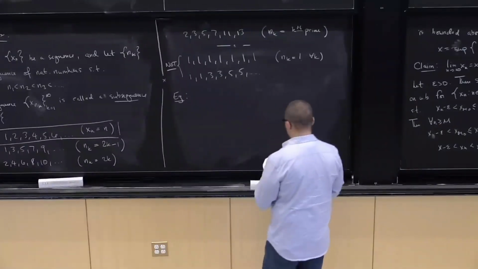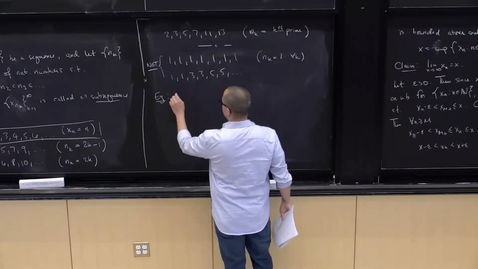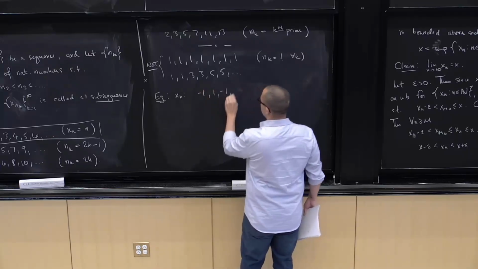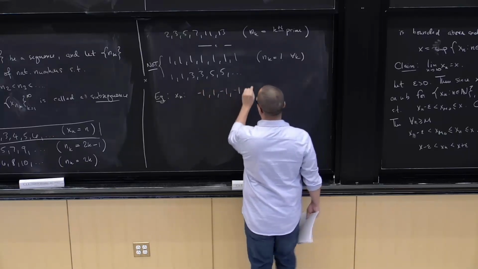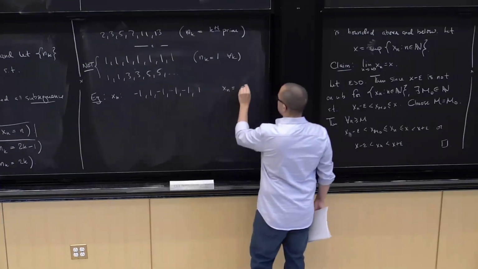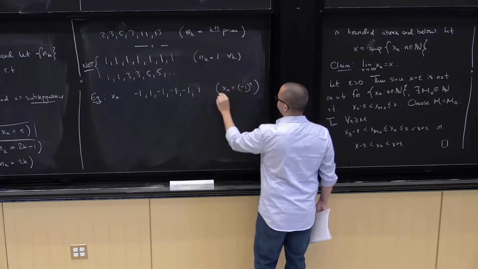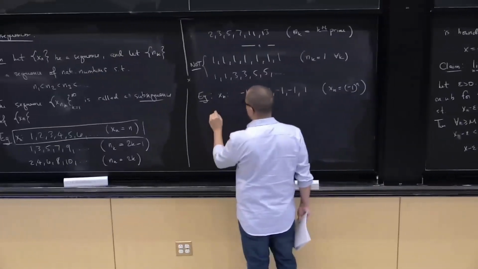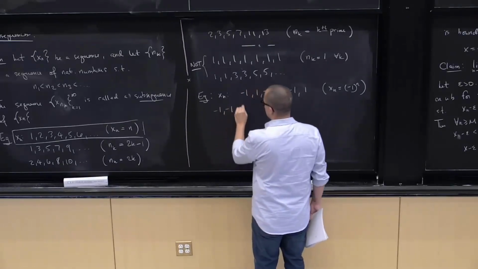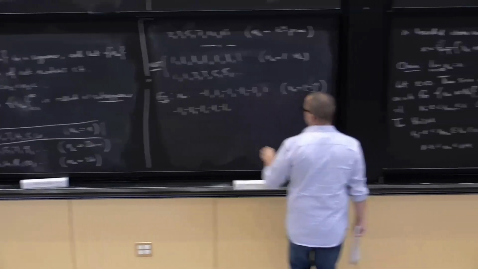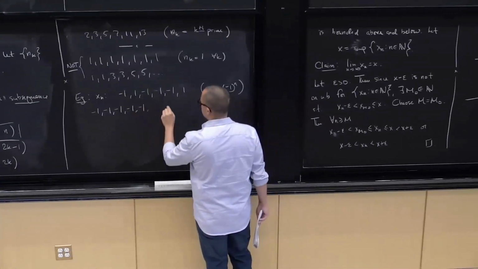So for example, if I look at the sequence minus 1, 1, minus 1, 1, meaning x sub n is equal to minus 1 to the n, then a perfectly good subsequence is given by minus 1, minus 1, minus 1, minus 1. It looks like I'm just picking one of the entries, but really I'm not.